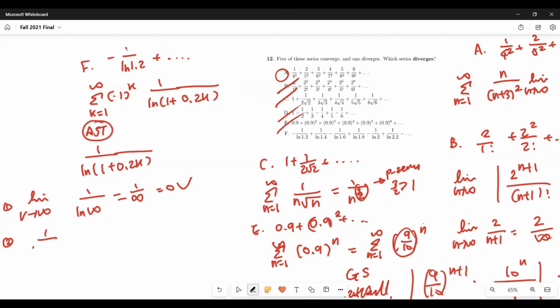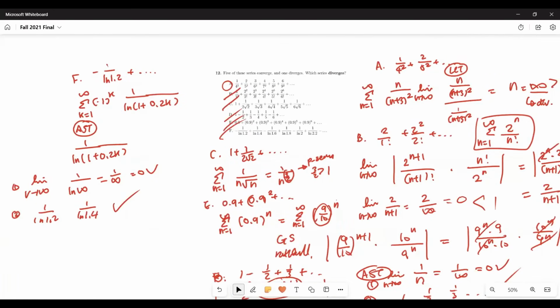Yes. 1 over ln of 1, actually, and then ln of 1.2, and then 1 over ln of 1.4, and so on. So the values are constantly decreasing, right? So it's meeting the alternating series test. So it is converging. So it's not diverging, so the answer is as we expected, A.